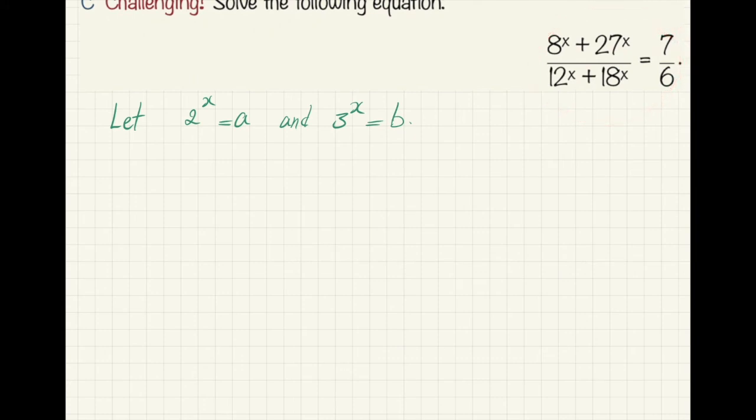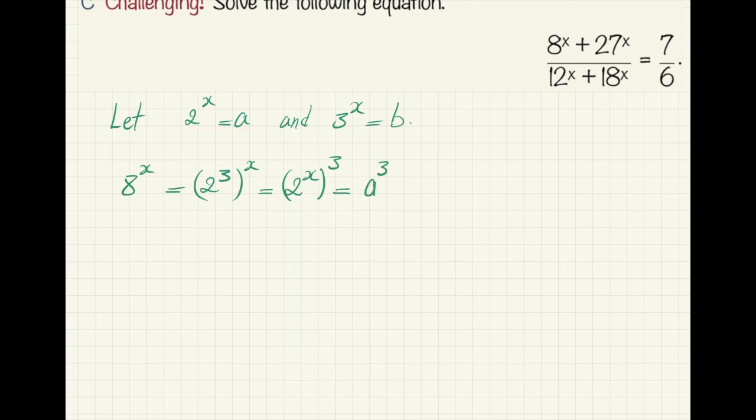Yes, so what can I do? 2 to the power of x, so let me write it in this form as 8 to the power of x is 2 to the power of 3 to the power of x. But you know that I can write it as 2 to the power of x to the power of 3. So if I use this substitution, then it becomes a to the 3.